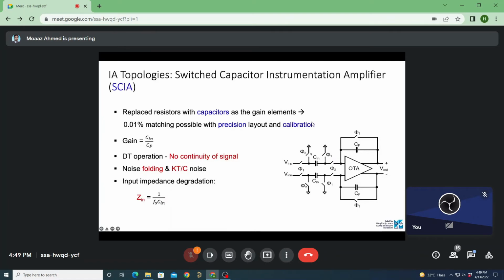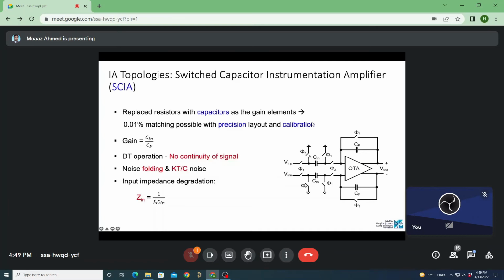How to get rid of that? We have two dominant methods: CDS, correlated double sampling, or auto zeroing, and chopping. Both have their own pros and cons. Once you have these operations, then there is the precision amplifier topology itself, which we are talking about now.